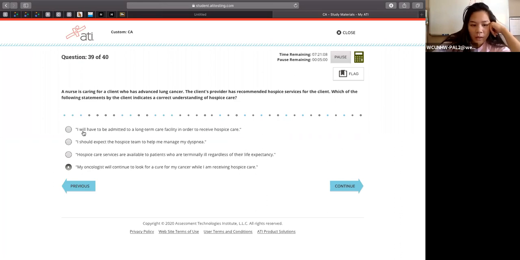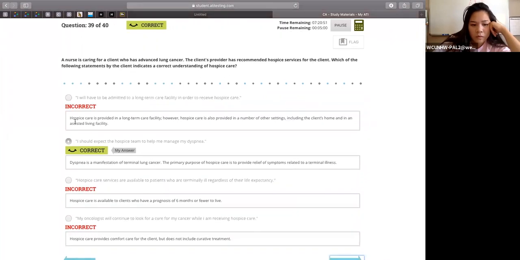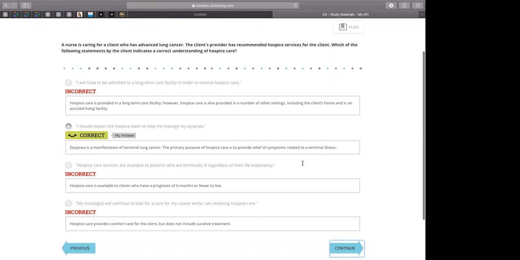It's not going to be A because I will have to be admitted to a long-term facility. Is it B? Yeah, it's B because it manages their symptoms. Dyspnea is a manifestation of terminal lung cancer. The primary purpose of hospice care is to provide relief of symptoms related to terminal illness.